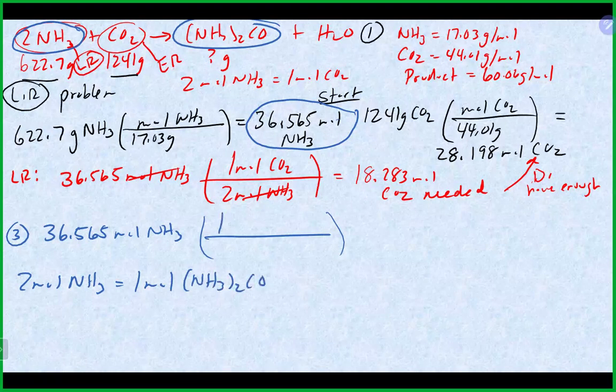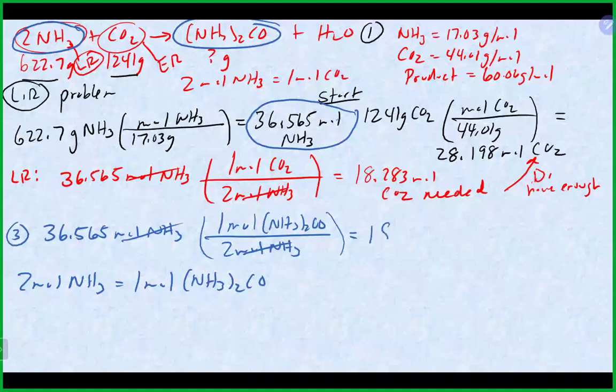So we're going to do that on top, and we'll do our 2 moles of NH3 on the bottom. Those are going to cancel. And that will get us 18.283 moles of our product here.